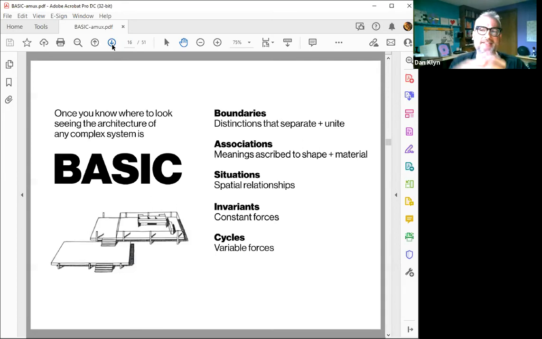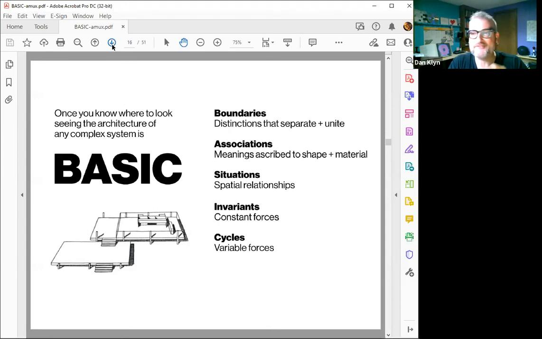One of the conceits underneath all of this is that the architectures of complex systems have a commonality to them, and that the strategies for looking at them, thinking about them, ultimately intervening in them to develop solutions, that it's all architecture.